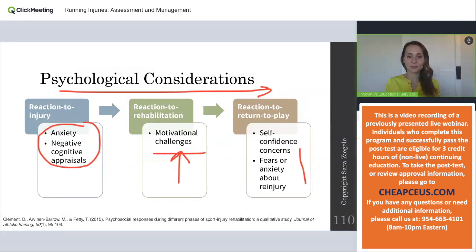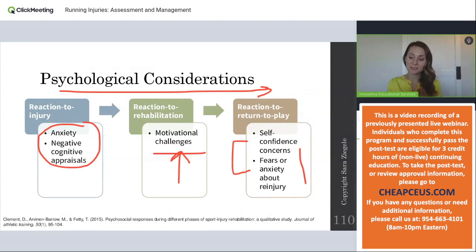And then the return to play, there can be a couple different factors. We talked about in our stress reaction D1 cross country runner, how she had that re-injury anxiety, right? So as she started to go into things, she assumed every feeling was going to be the onset of the new problem.